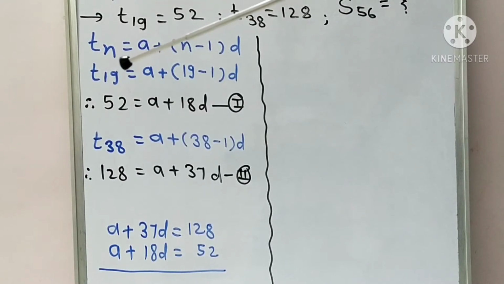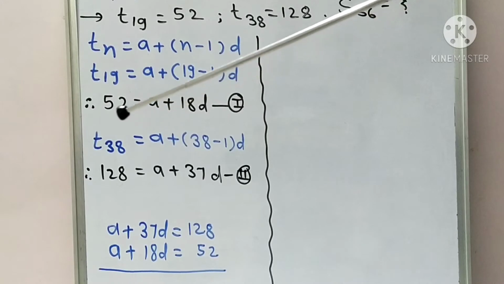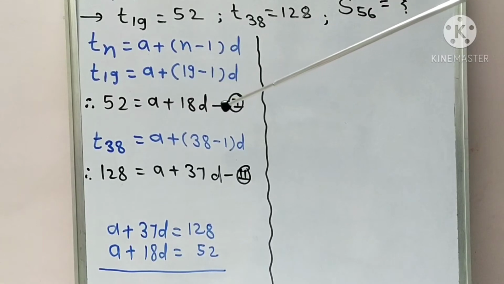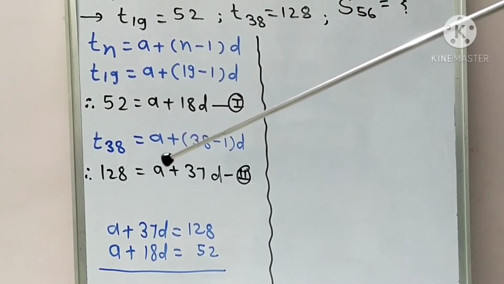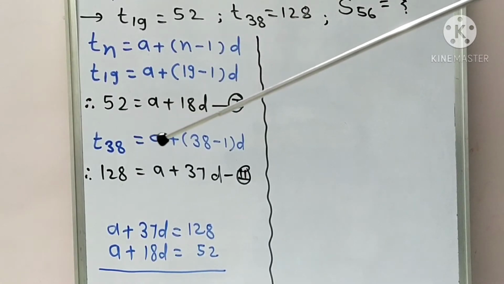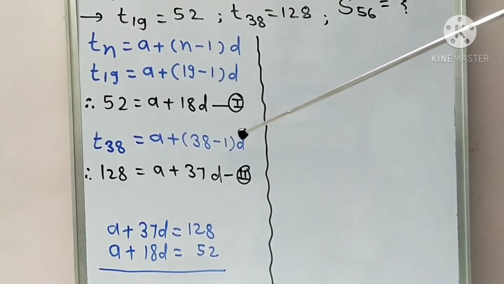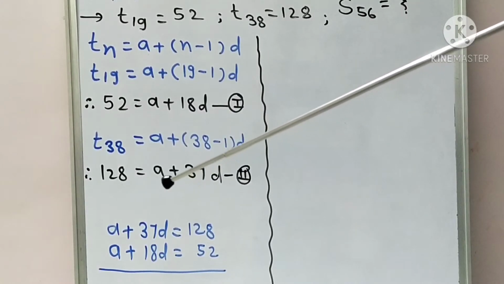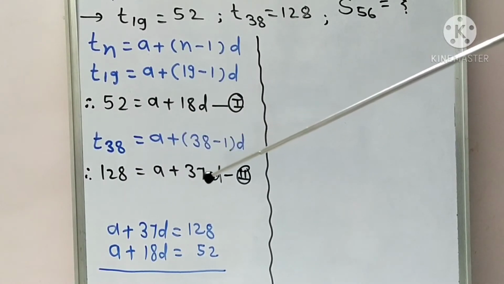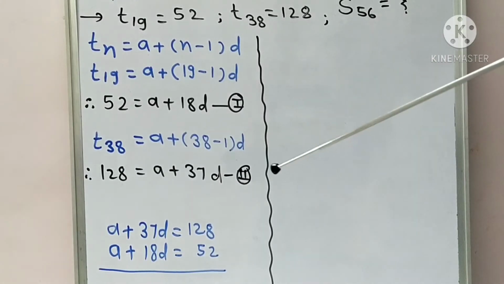So we get T19 equal to a plus 19 minus 1 into d, but the 19th term is 52, and hence we get the first equation as 52 equal to a plus 18d, a linear equation in two variables. Similarly, for T38 we put n as 38: a plus 38 minus 1 into d, and since T38 is 128, the second equation is 128 equal to a plus 37d.